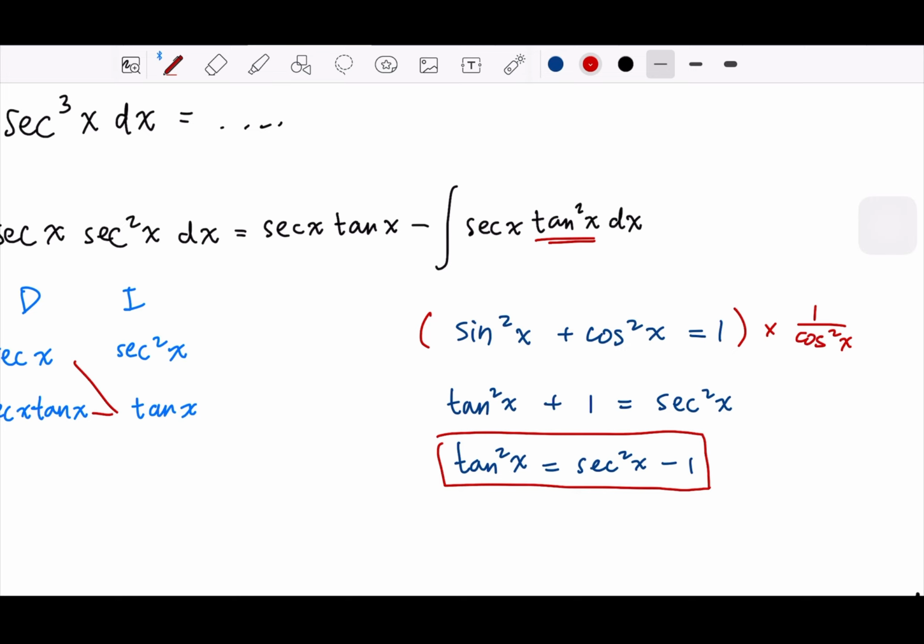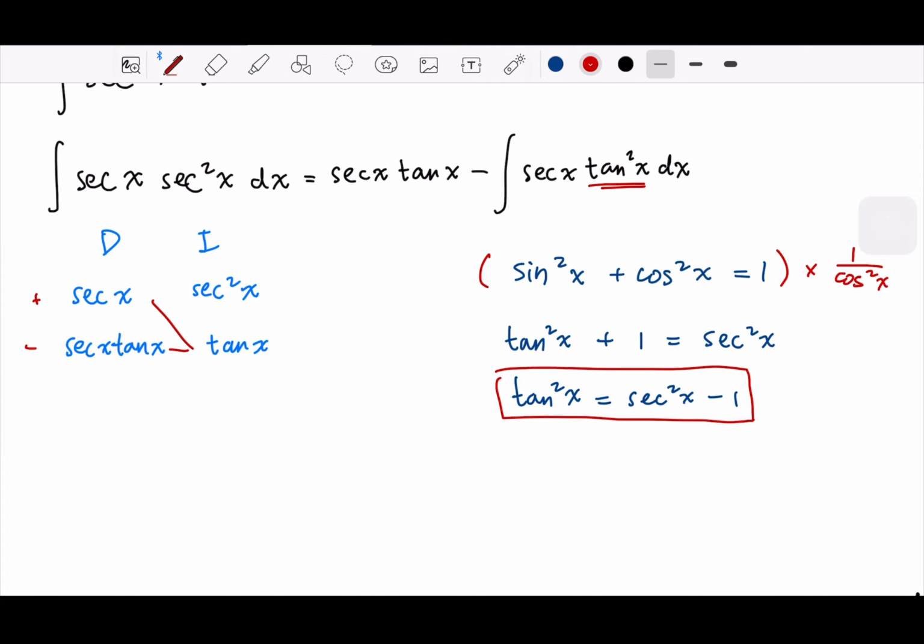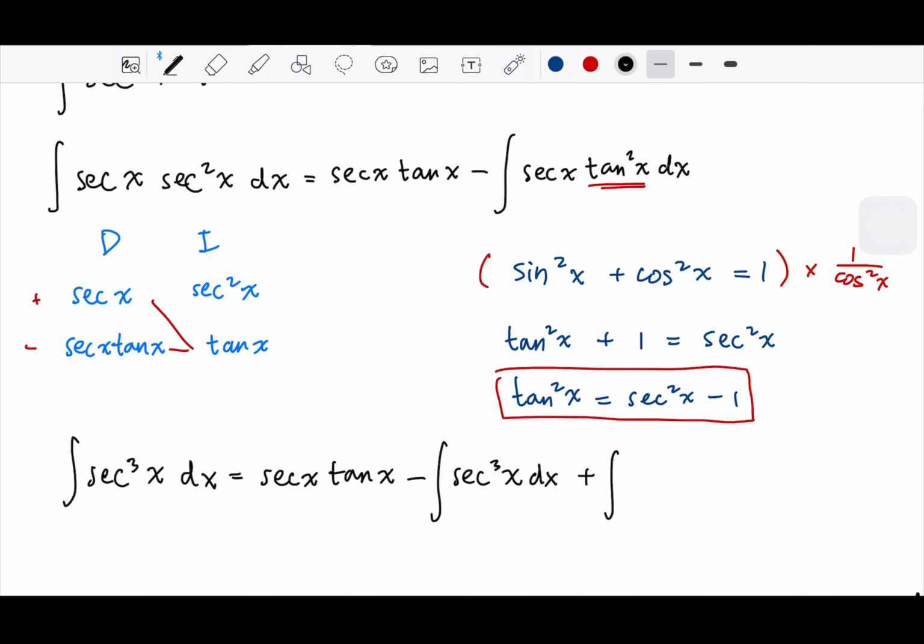So we can write that the integral of secant cube x dx is secant x tangent x minus integration secant cube x dx and plus, this is after multiplications.